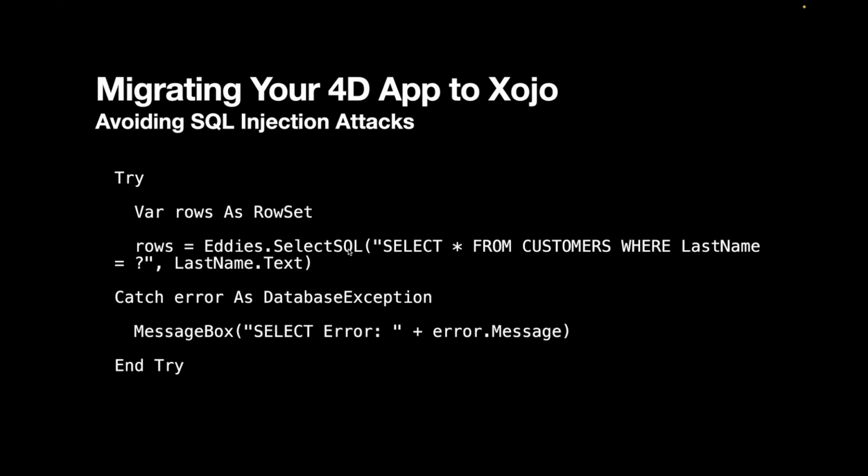We've got two parameters for SelectSQL: our SQL statement and then the value from the text property of this control. Because you're separating them, the SQL statement and the value are two separate things. They're sent to the database separately, and the database engine can then look at the value that you're going to use, the text from this last name, and see if it has any SQL in it. If it does, you'll get an error and it won't get injected into the SelectSQL. So it's really, really simple to guard against SQL injection attacks.